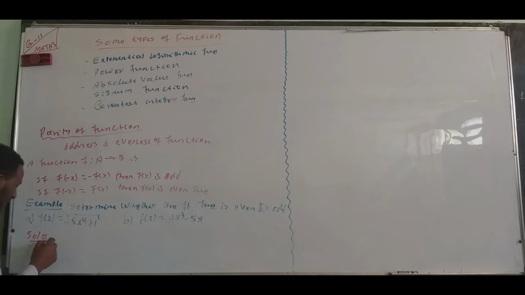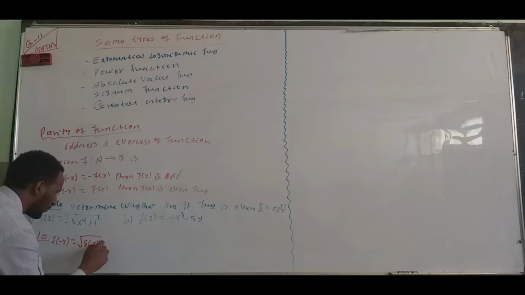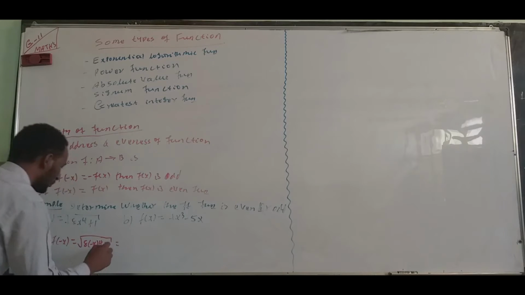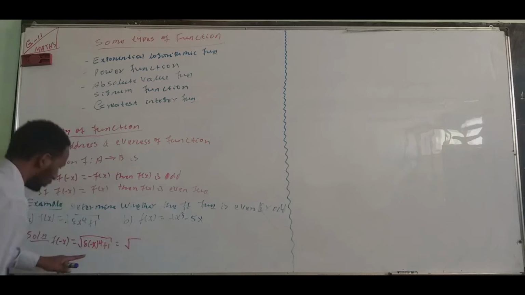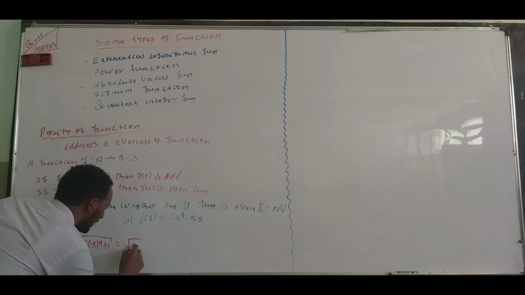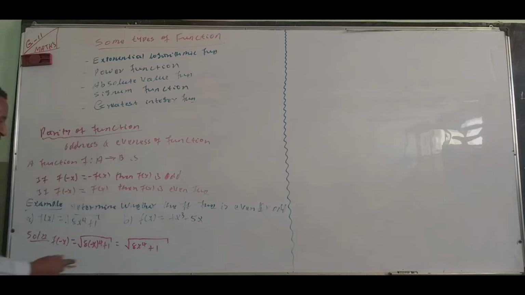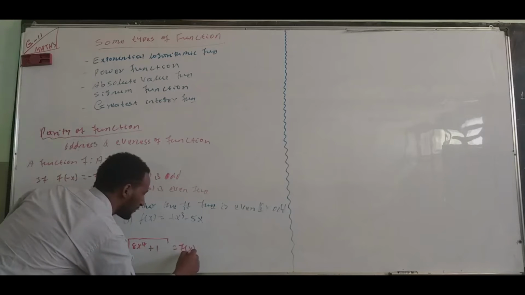Therefore, when we substitute negative x at the place of x, this equation becomes square root of 8 times negative x to the power of 4 plus 1, which is equal to square root of 8x to the power of 4 plus 1, because negative x to the power of 4 is equal to x to the power of 4. This is equal to the given f of x.